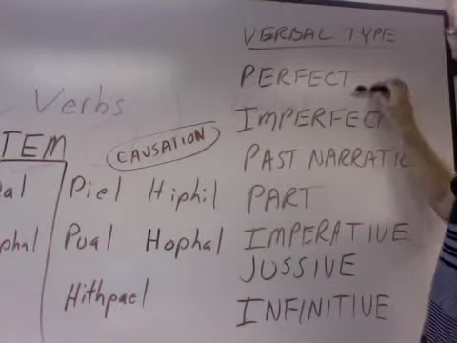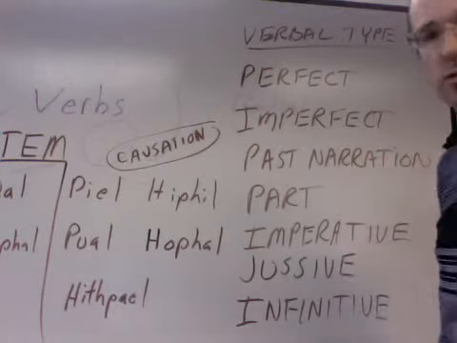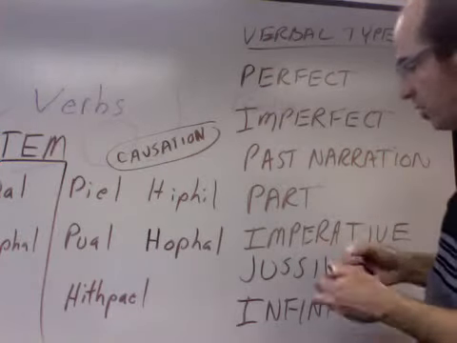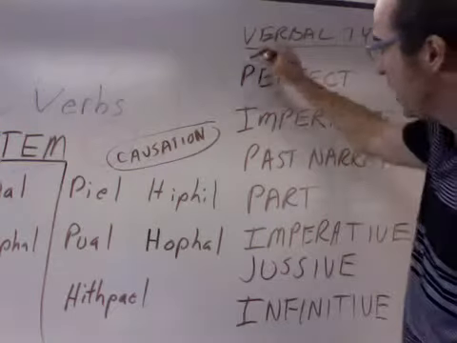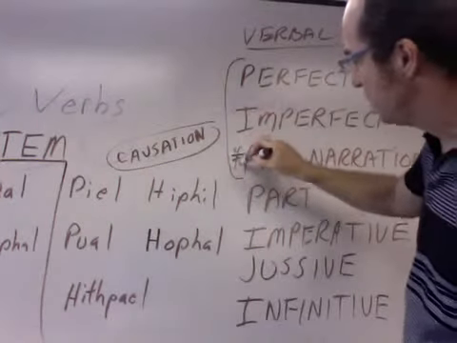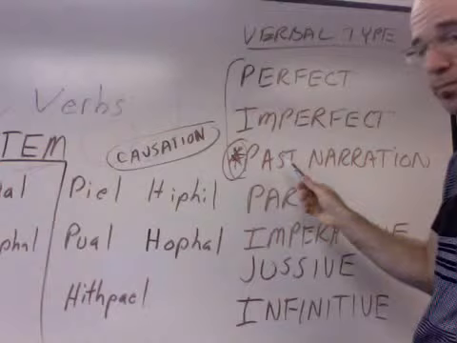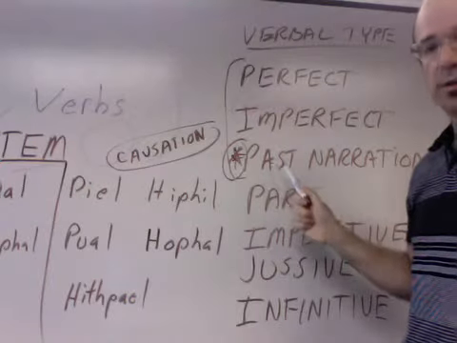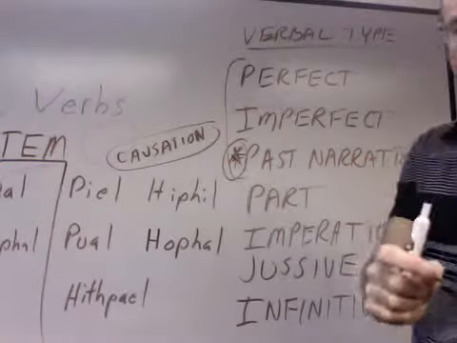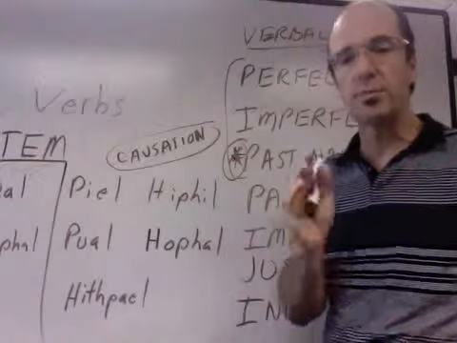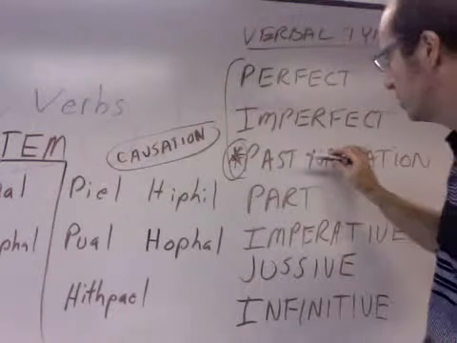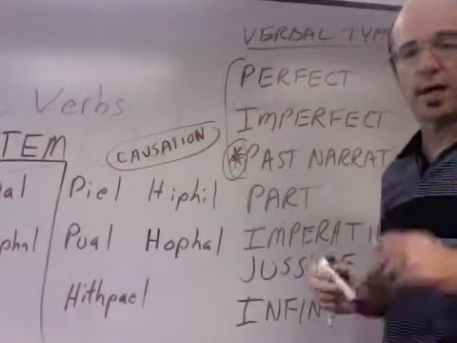We basically have perfect and imperfect. I mentioned that in a previous video. Then past narrative. These three are probably your most common, with past narrative especially being very typical in Hebrew narrative. Again, Arnold Choi calls this the imperfect plus vav consecutive. I believe John Cook calls this past narrative or past narration.